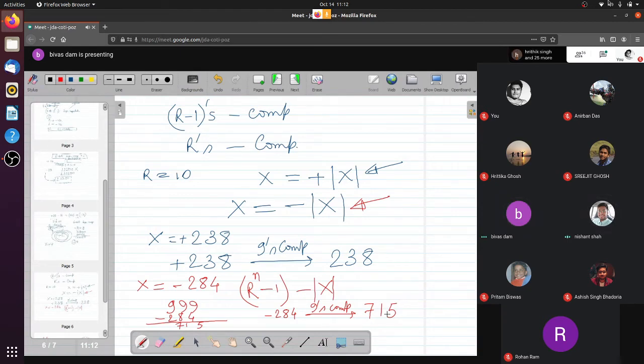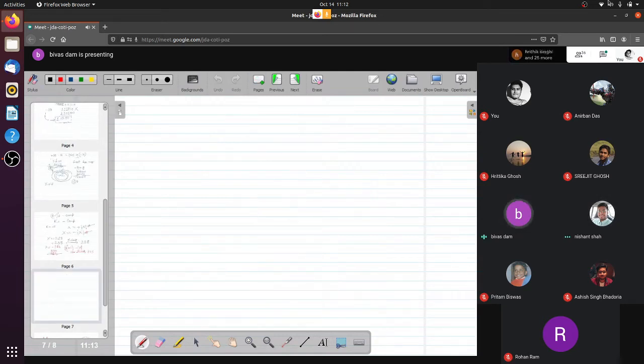Fine? Now let me go for the R complement. For R complement, once again, for the positive number, there is no change required, no transformation required. Whatever scheme I am telling you is relevant only for the negative number.